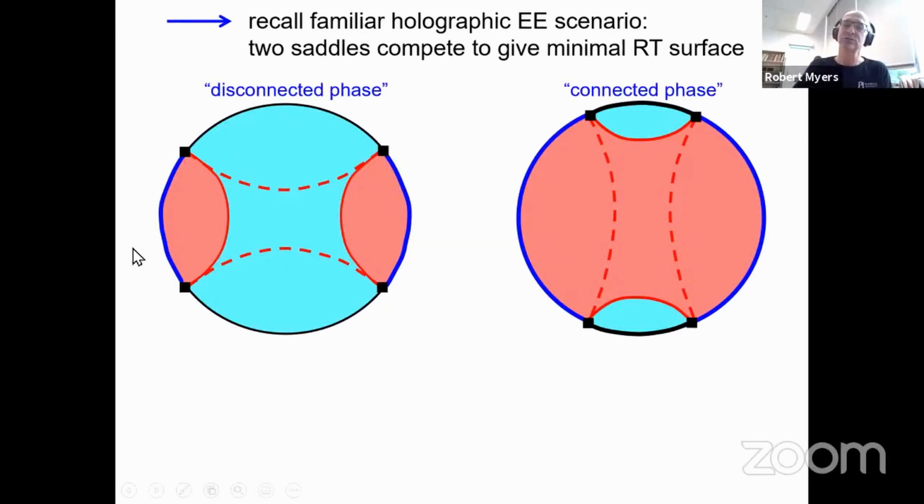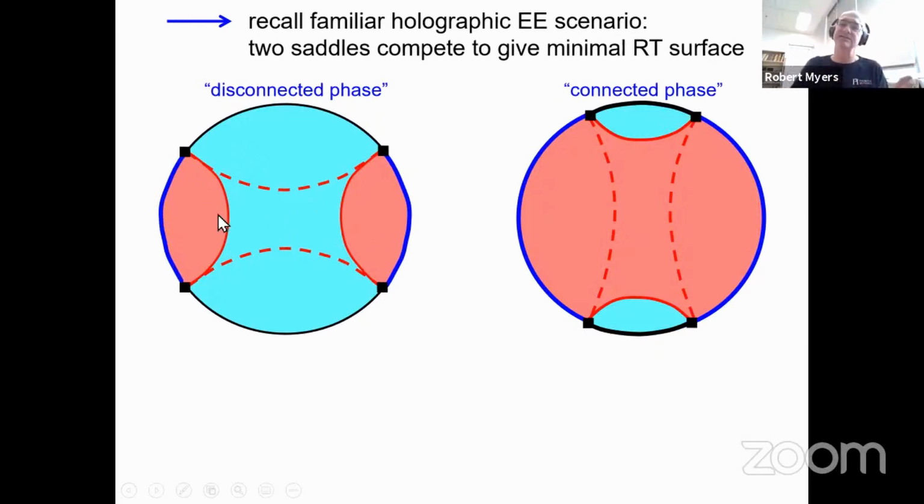Here I've got these 2 blue regions. Here's what I call the disconnected phase, where one of the surfaces just caps off and closes near either one of those regions. But there's a competing saddle where the extremal surface actually stretches across the AdS and joins the endpoints of those 2 regions.